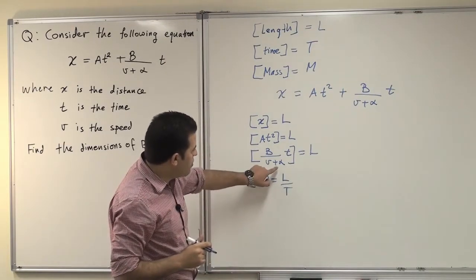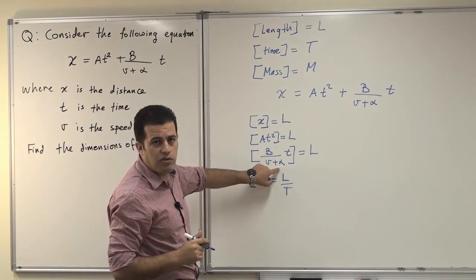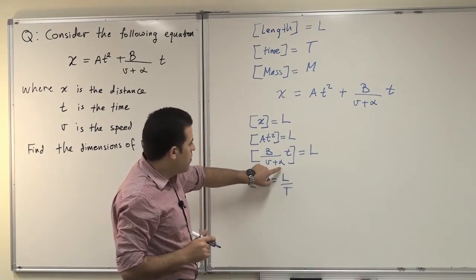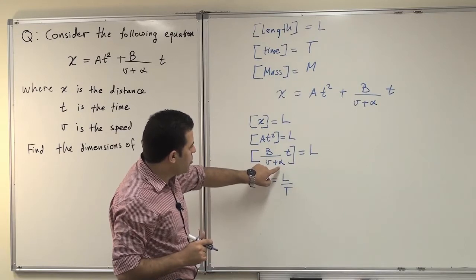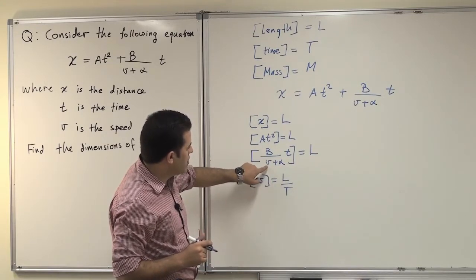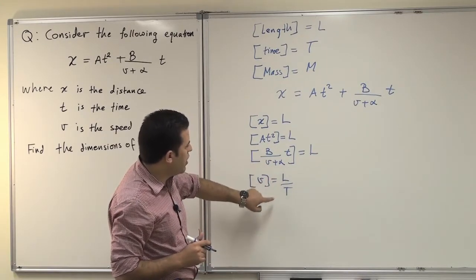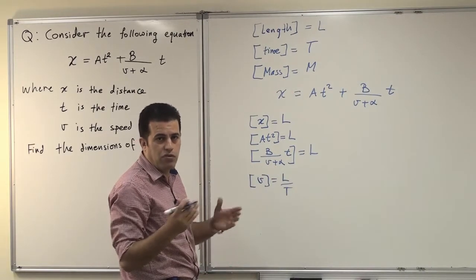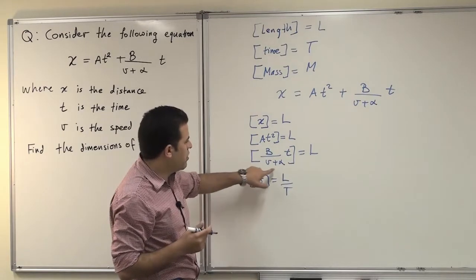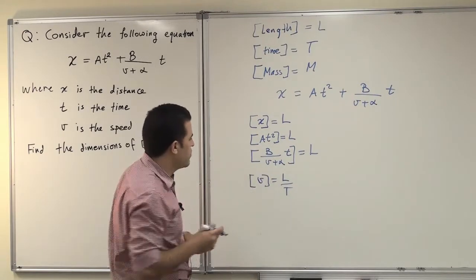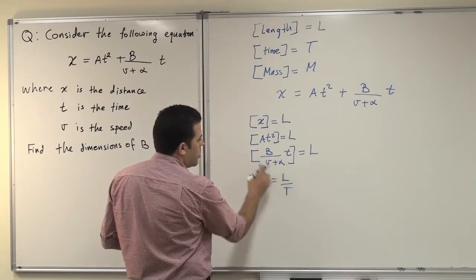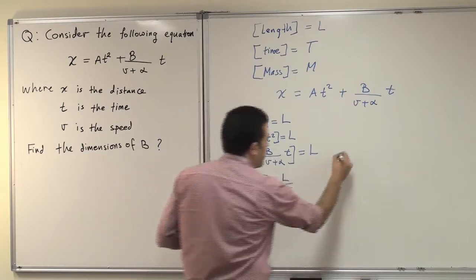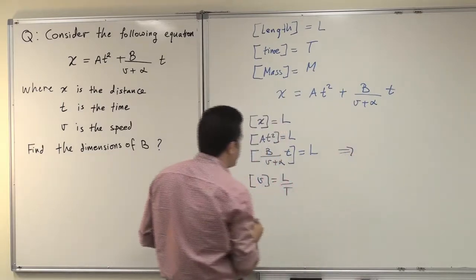And because v is added to another unknown parameter, alpha, and the dimensions of v are length over time, then alpha also has to have the same dimensions, because I cannot add two terms without knowing that they have the same dimensions. So this whole term here should be given in length per time.